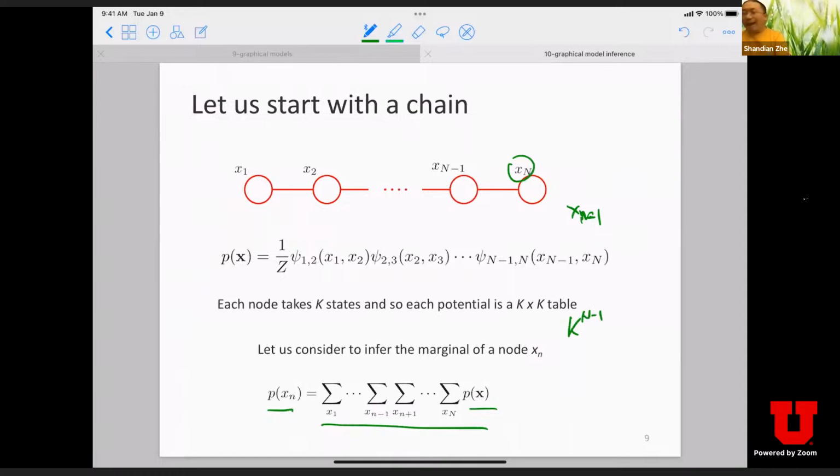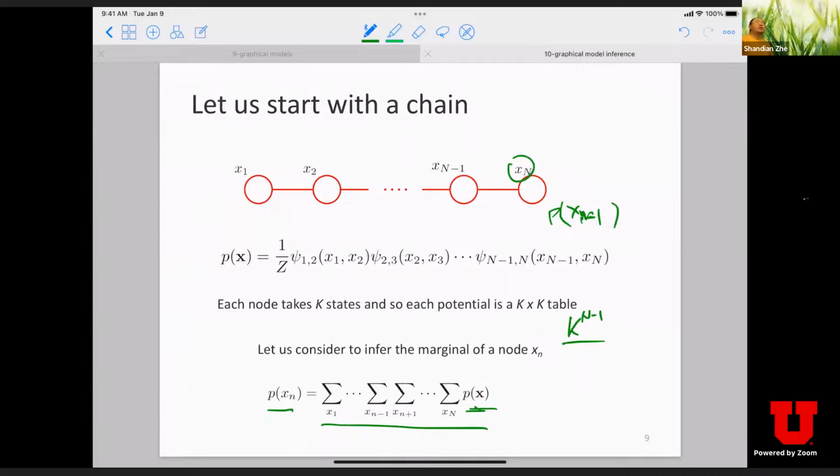You should evaluate the joint probability for each configuration and add them together. So the complexity is k to the power of N minus 1. And this is just for calculating one marginal probability where xn takes 1. You have to compute the marginal probability for xn equals 2, 3, up to k. You have to compute this procedure k times.